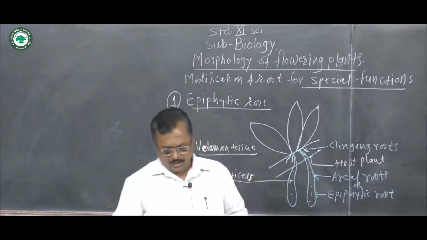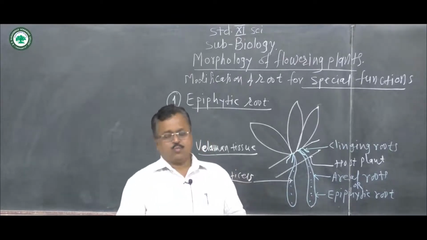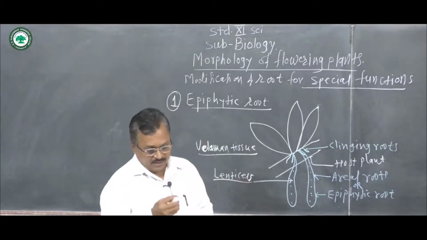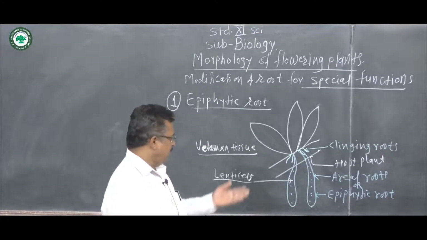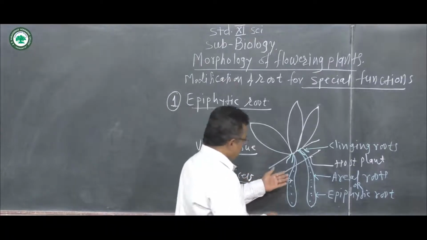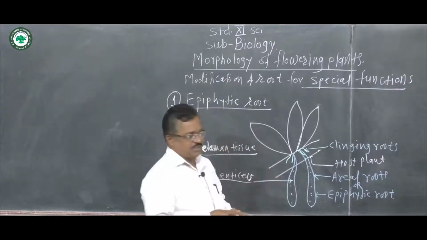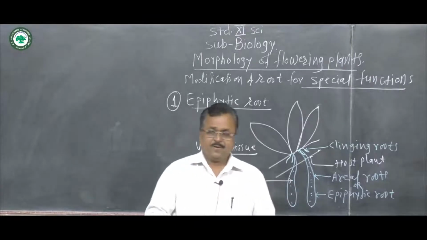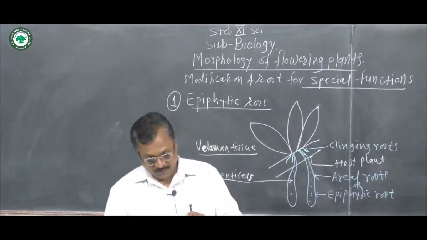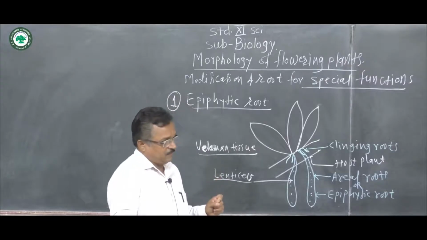Here the porous wall is present, that is the lenticels. Hygroscopic from the atmosphere, they absorb the moisture. Likewise, they perform the special function to absorb the moisture from atmosphere.